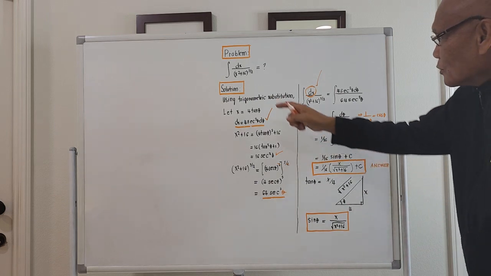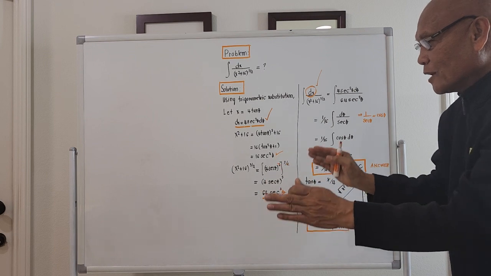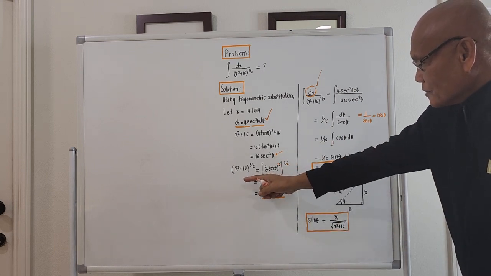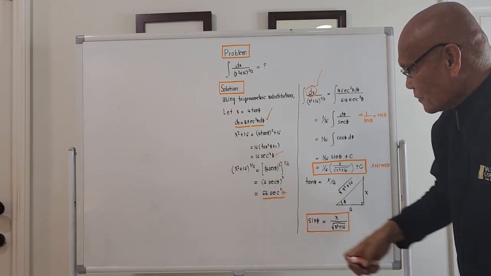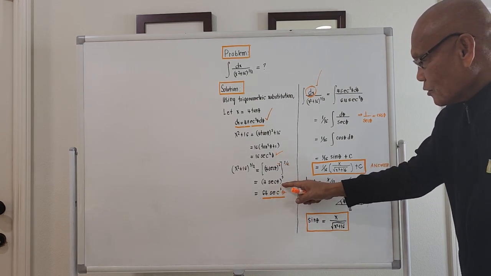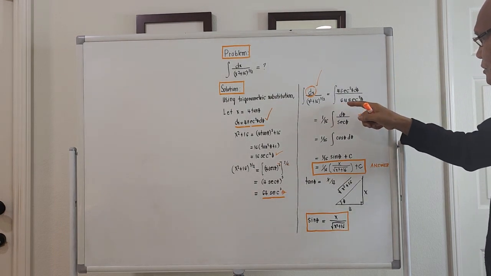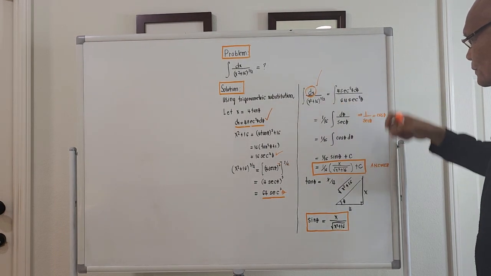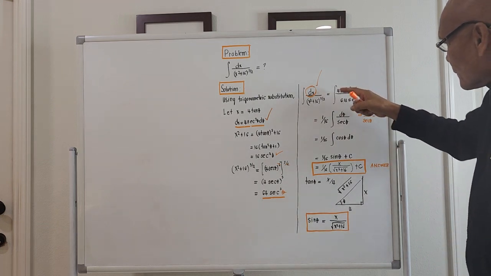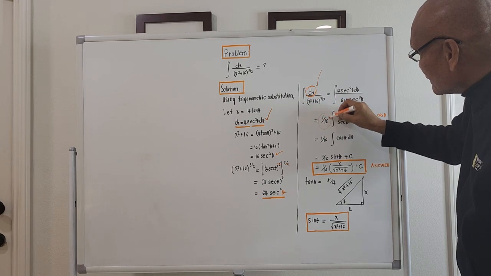And the denominator, x squared plus 16 raised to the 3 halves, in terms of theta is 64 secant cube of theta. 4 over 64 is 1 over 16, right?